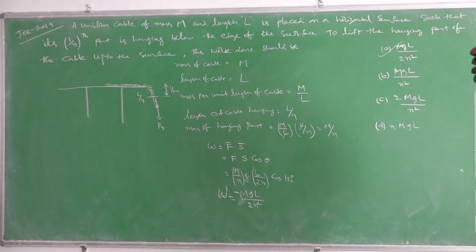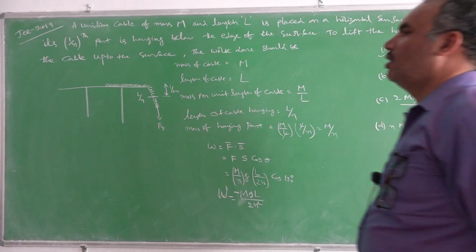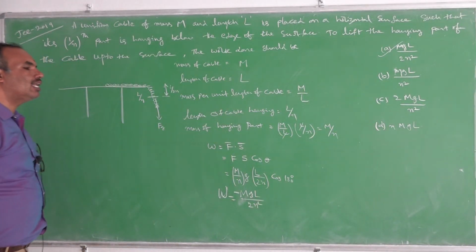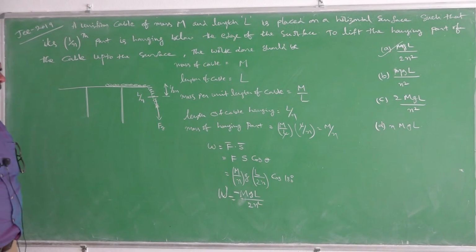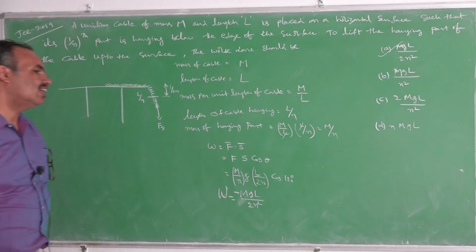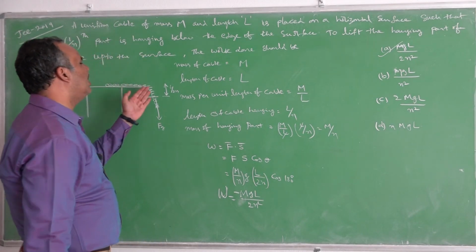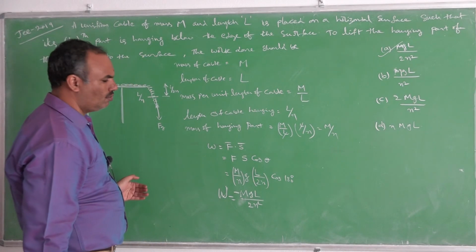But one important observation is that we are not calculating the potential energy here. If we calculate the potential energy, we should take the center of mass location into consideration. Here we are calculating work done. Work should be done to bring the entire chain onto the table.